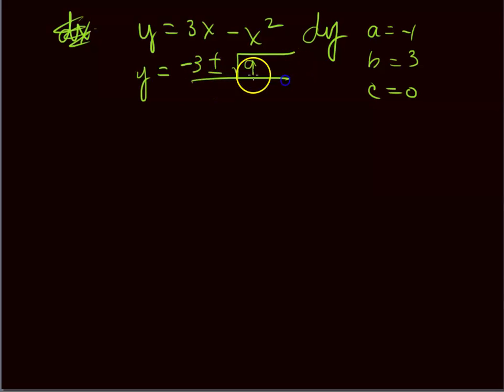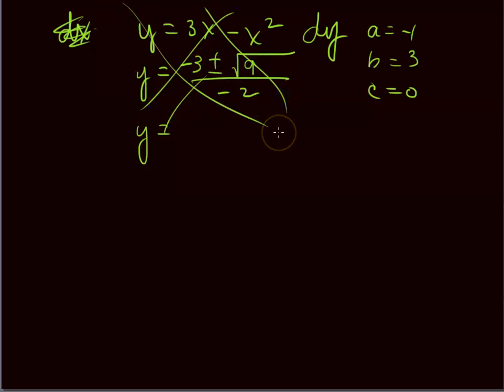So it's just that all over 2a, which is -2. These are x's, though, right? That's what x would equal. And all of a sudden, it becomes a little awkward and crazy to do.